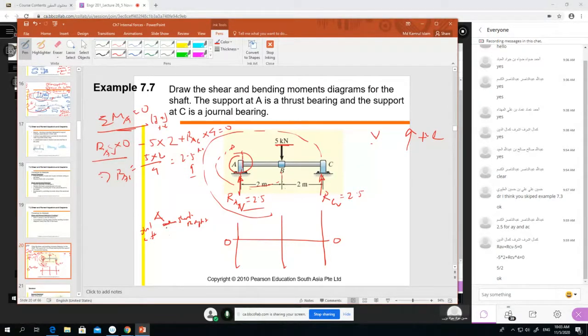On the left side of A there were no forces. When we come to point A, we find one force working upward, RAV equal to 2.5. So from zero force, it now becomes 2.5. From 0 plus 2.5, we go upward because it is positive.